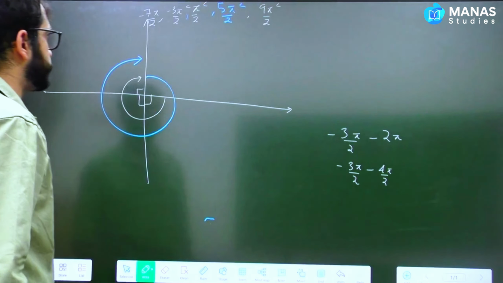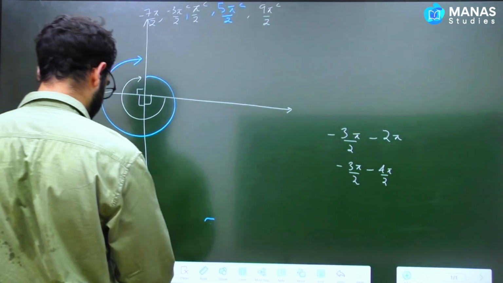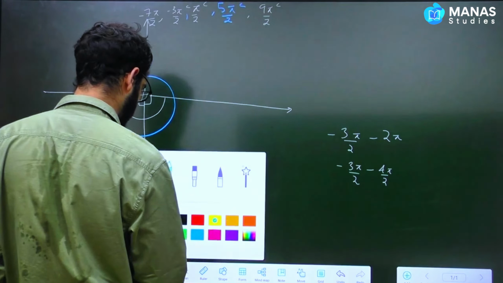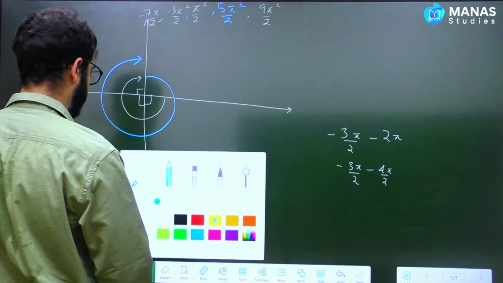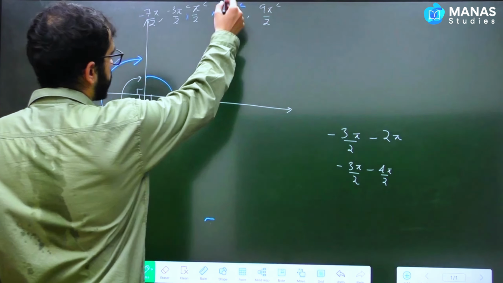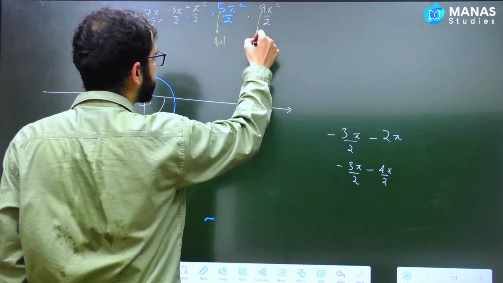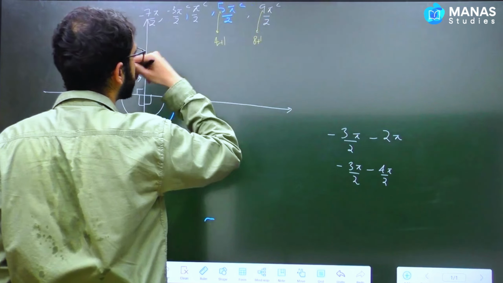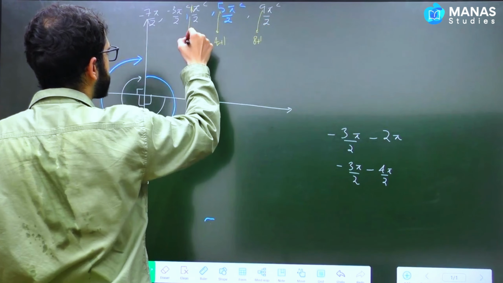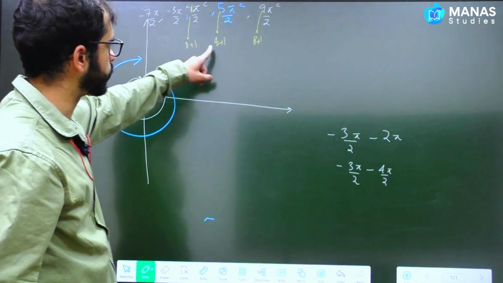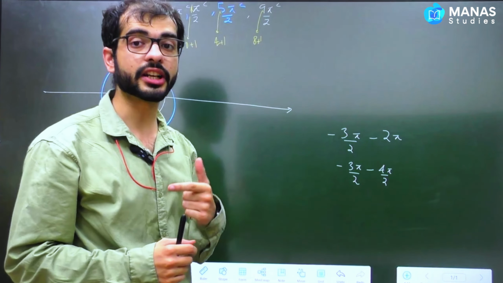No issue. Let's see. The observation which was quite clear over here is, okay, let's see. 5 can be written as 4 plus 1. 9 can be written as 8 plus 1. 1 can be written as 0 plus 1. So the thing is 0, 4 and 8, these are multiples of 4.